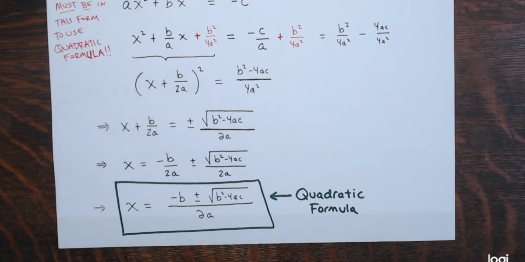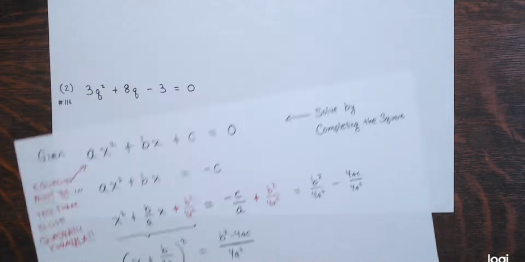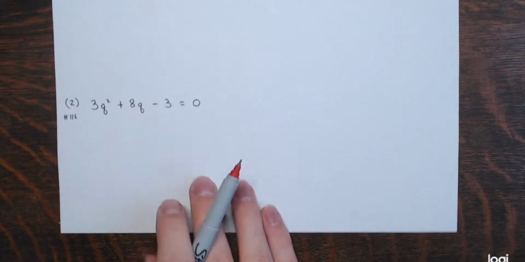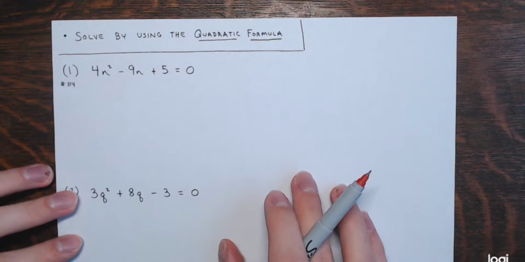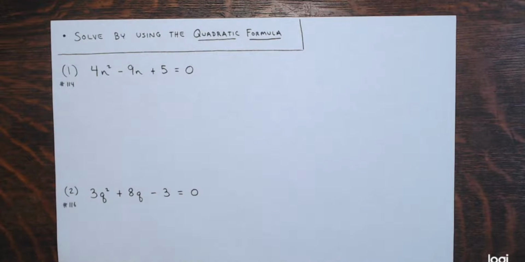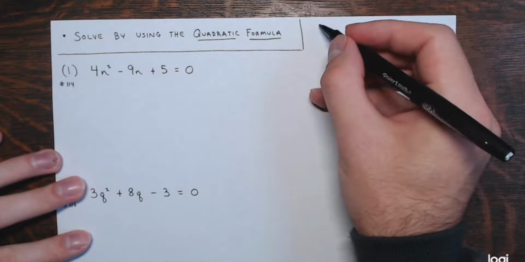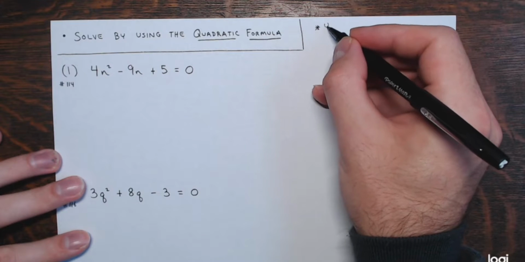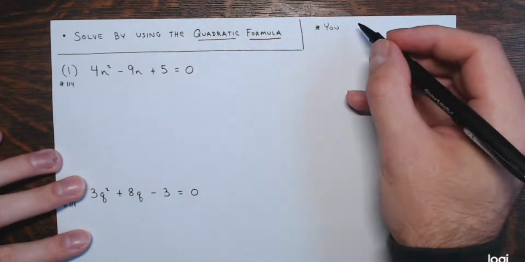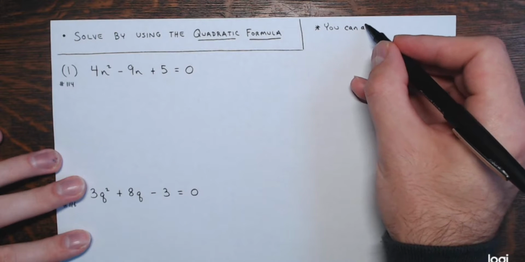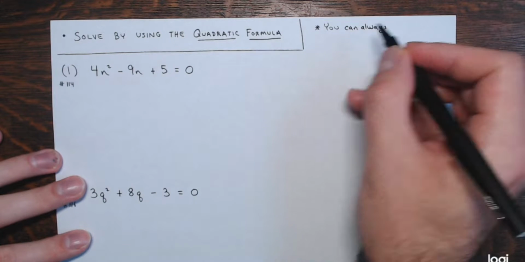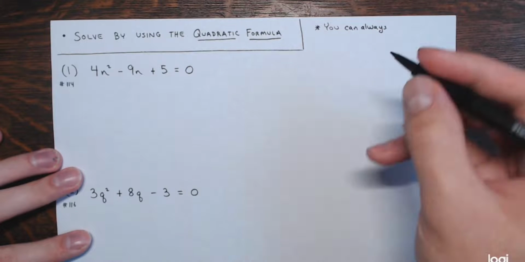Okay? All right. So in question 1, I'm going to show you, you don't have to remember, I know they say use the quadratic formula. You can always solve by completing the square. You don't have to use the quadratic formula. Right, so this first one I'm going to do in 2 ways, and then the rest of them I'll use the quadratic formula for.